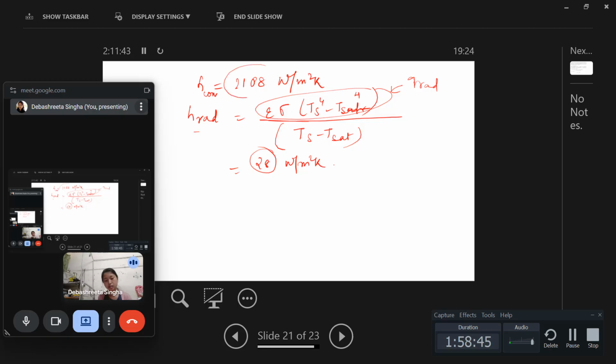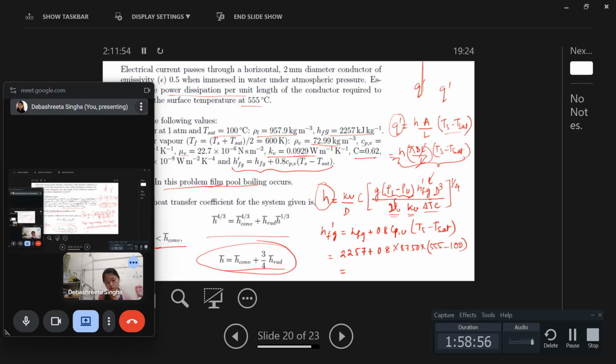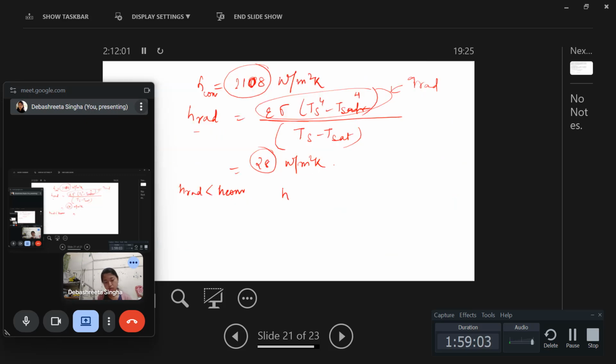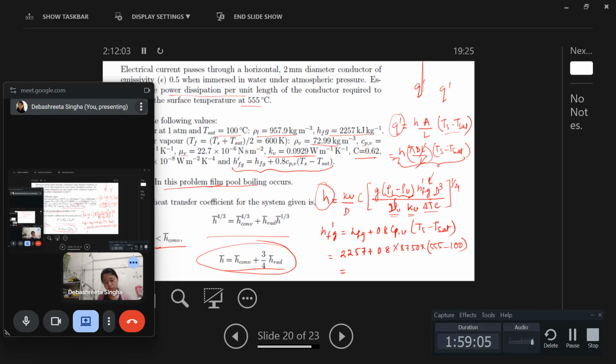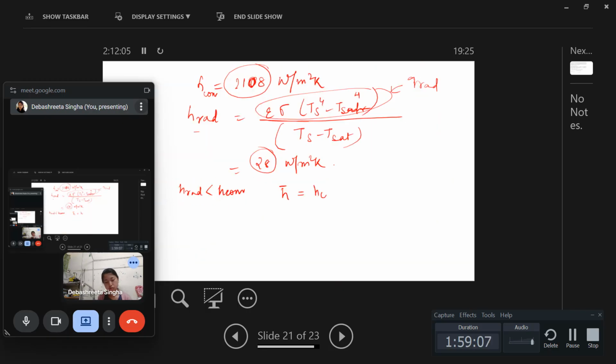So h radiation is lesser than h convective, so we have to use this formula for finding h. h bar is equal to h convection plus 3 by 4 h radiation.